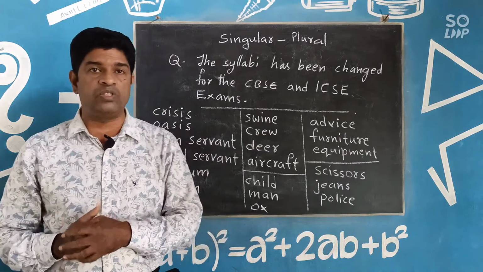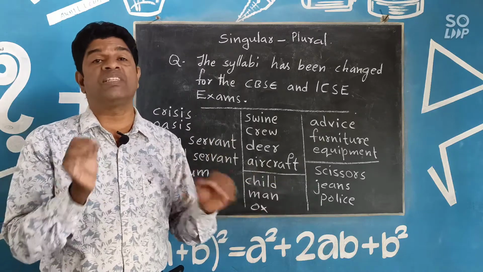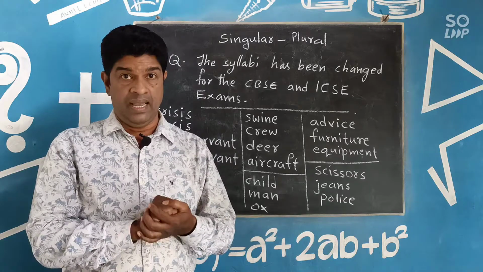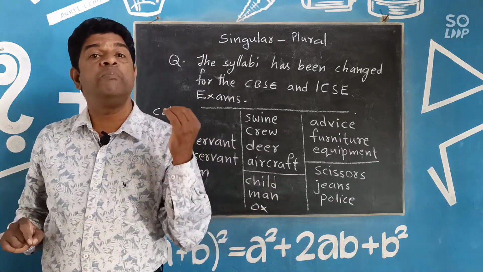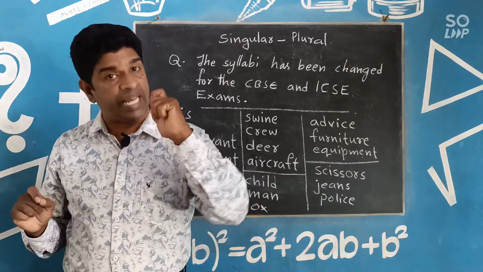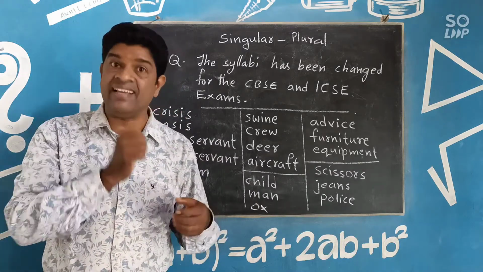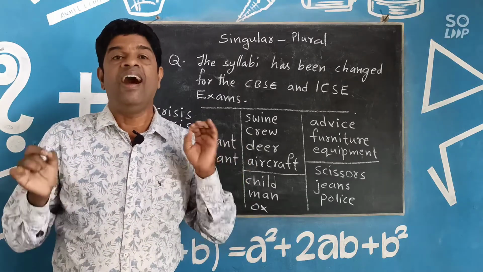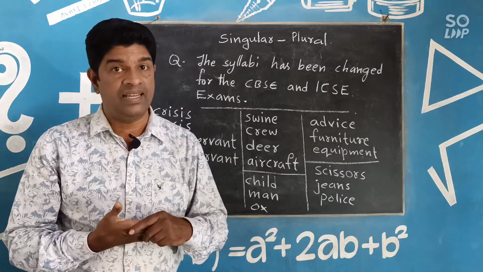Church ends with ch, and that's why churches. Brush ends with sh, and that's why brushes. Box ends with x, that takes boxes. And another one is kiss, that ends with s, and that's why kisses.